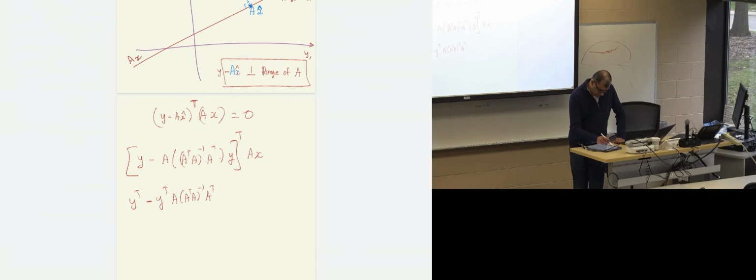No, the A transpose A inverse also needs to be transposed. So A transpose A inverse transpose will just be the same. It's a symmetric matrix. Okay, so this thing is gone, this thing is gone, right?